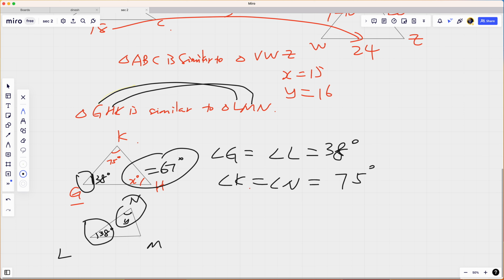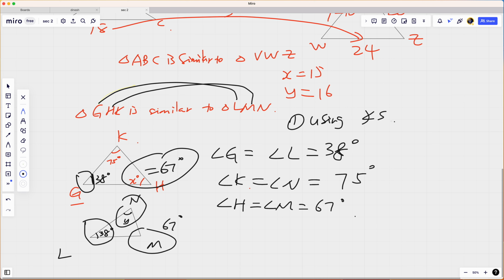So this is 67, so that means this is also 67 because they match. So angle H is equal to angle M. So it's 67. Does it make sense to you? Can you help me check whether my answers are right? Okay, good. So this is using option 1, using angles.